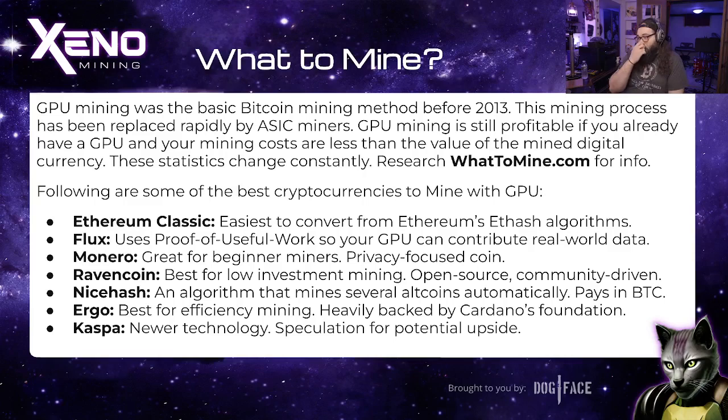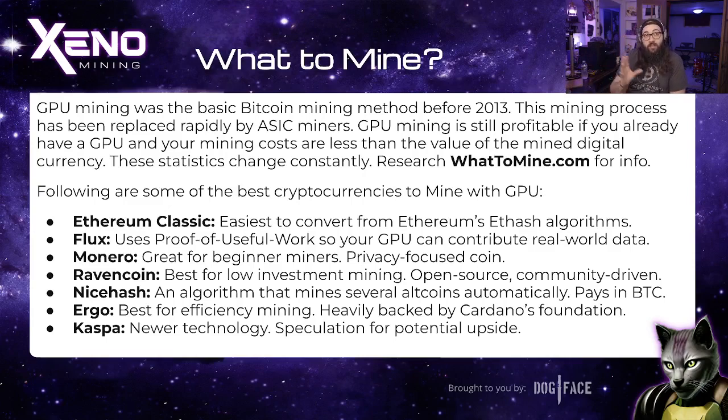Then there's Ravencoin. Ravencoin is interesting because it's more of a community-driven coin. If you think of it, it's very similar to Dogecoin. However, Ravencoin is more built on the principles of Satoshi Nakamoto, so it's trying to emulate what Bitcoin was supposed to be, but it's a more ASIC resistant cryptocurrency.